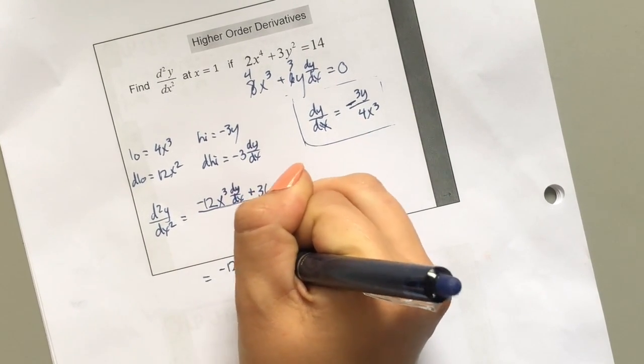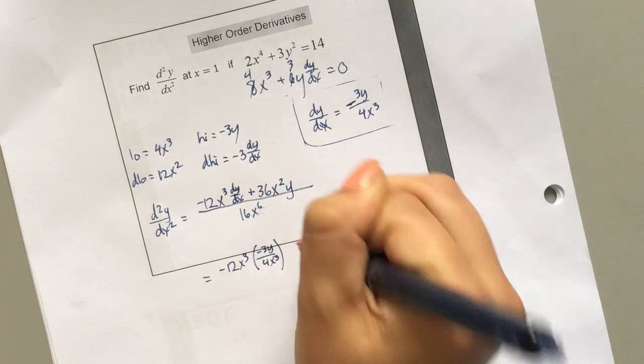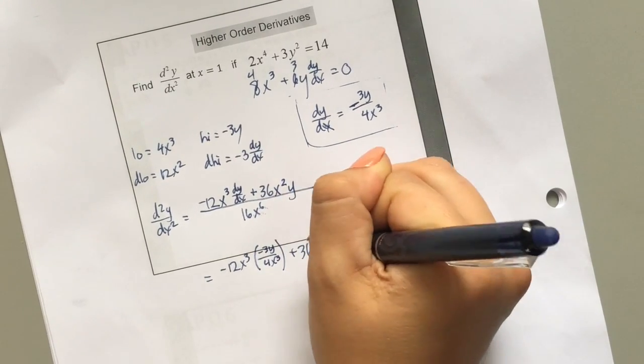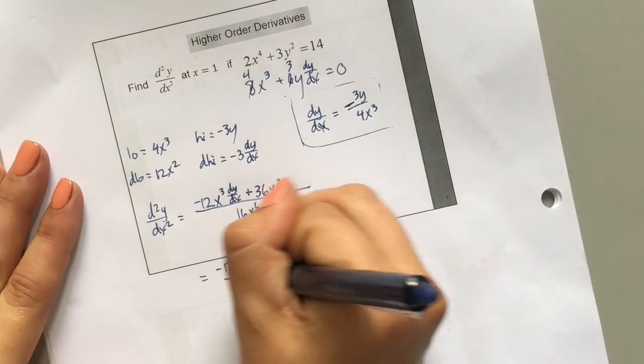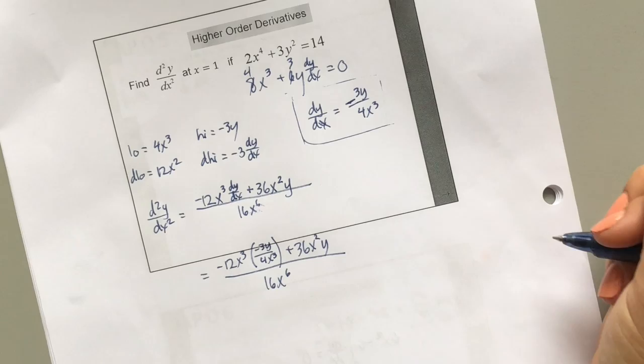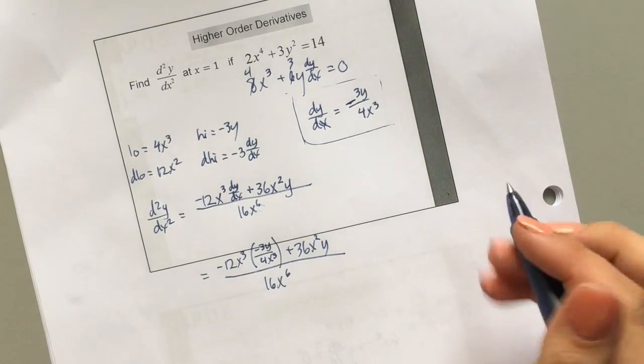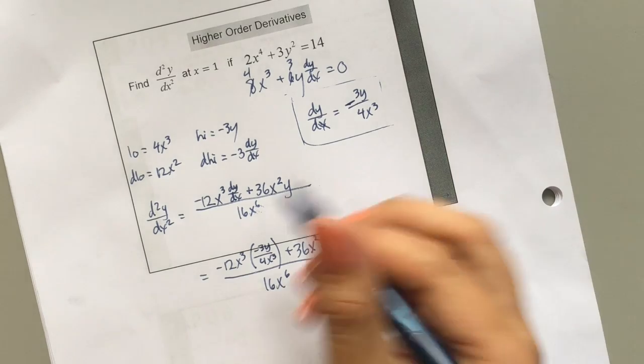Negative 12x cubed times negative 3y over 4x cubed plus 36x squared y all over 16x to the 6th. Okay, so this I don't have to worry about the complex fractions.